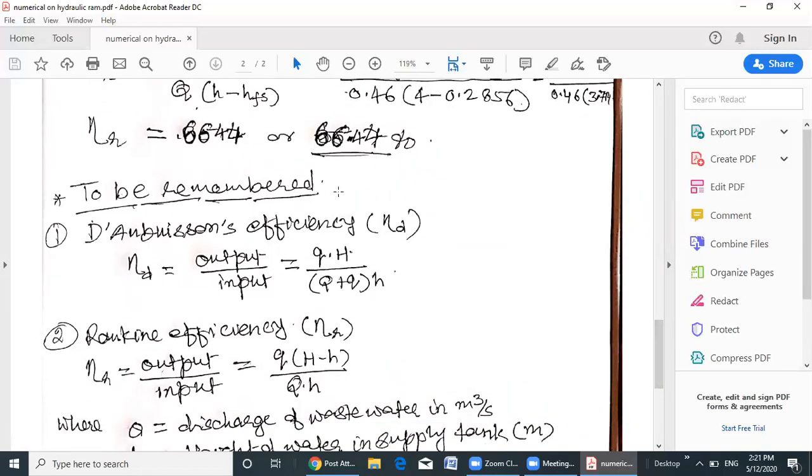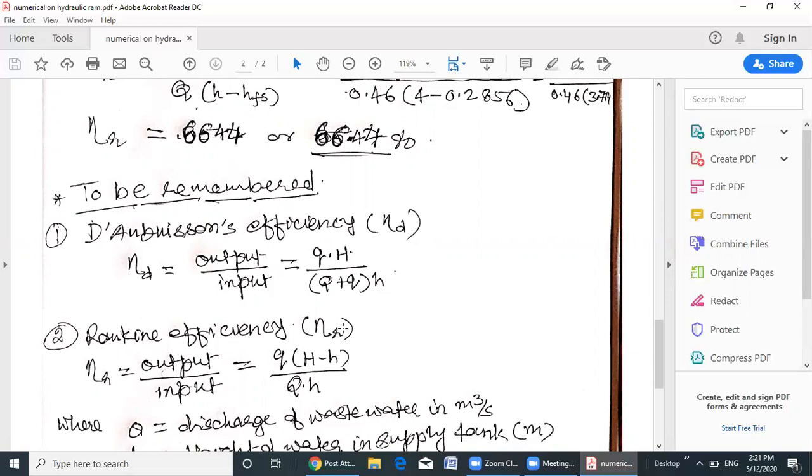To be remembered, if you're talking about the numerical on hydraulic ram, it is always asked for calculating D'Aubuisson efficiency or Rankine efficiency. In practical also, you are required to calculate D'Aubuisson efficiency and Rankine efficiency.